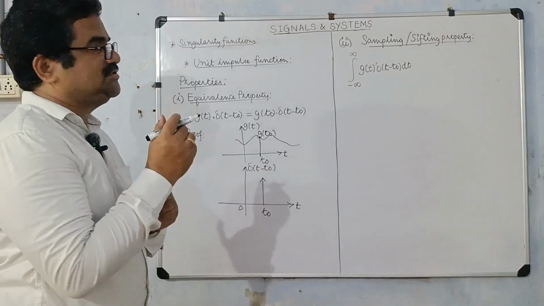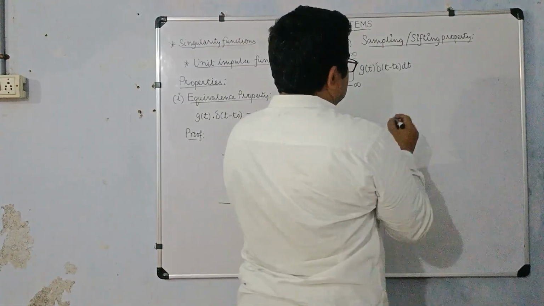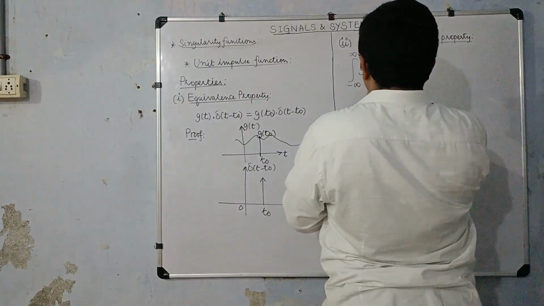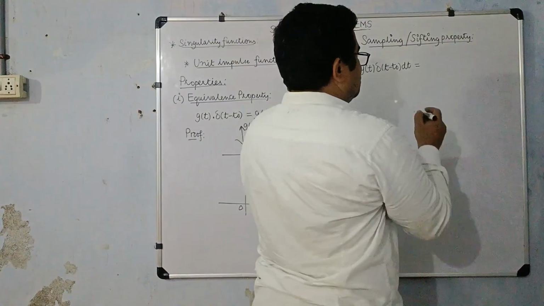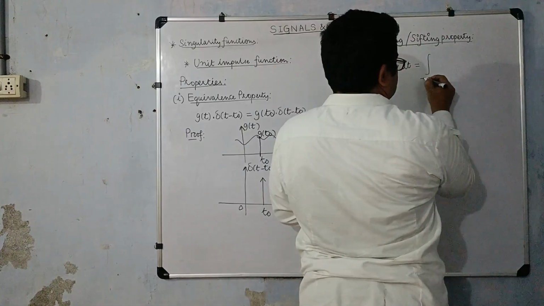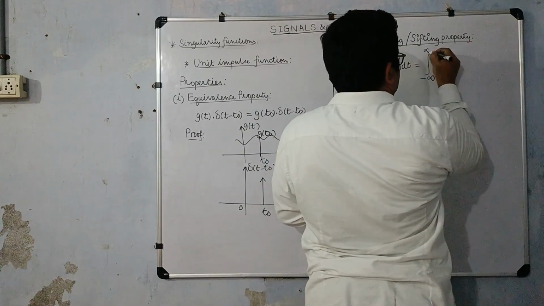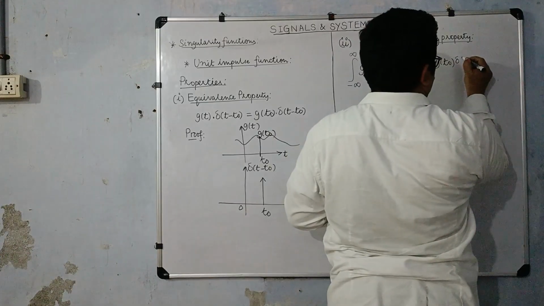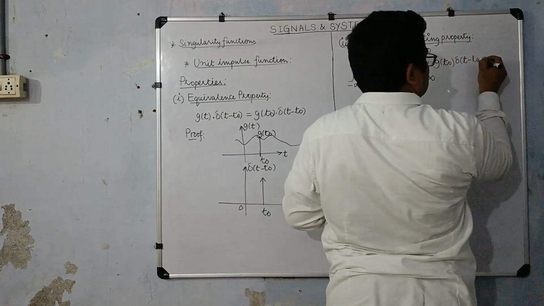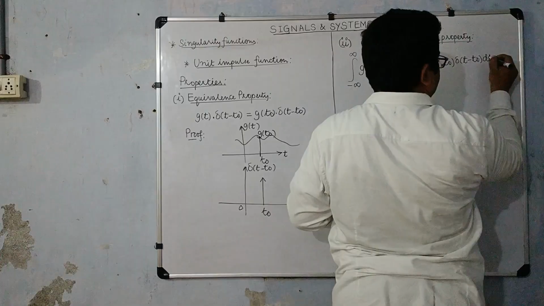According to the equivalence property, this is equal to the integral from minus infinity to plus infinity of g of t naught into delta of t minus t naught dt.